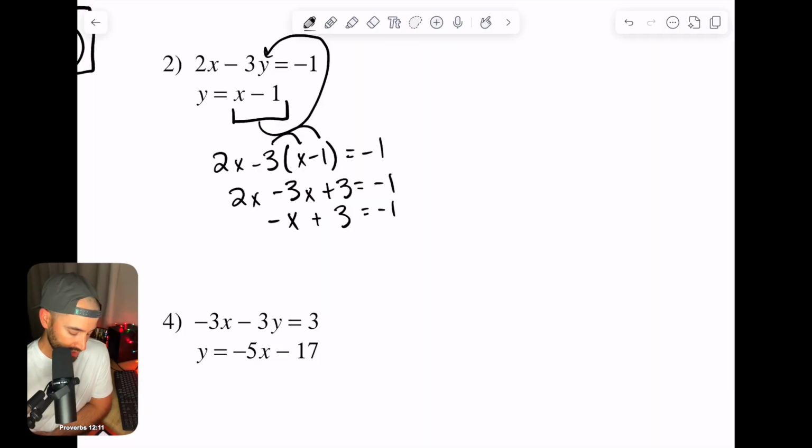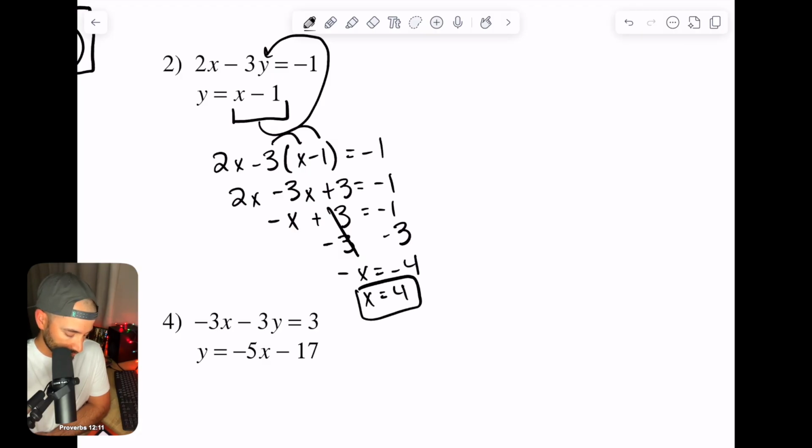And then we can subtract 3 from both sides to get rid of the constant right there. And that'll leave us with negative x is equal to negative 1 minus 3, which is negative 4. And so we have negative x is equal to negative 4. So positive x is equal to positive 4. Okay? So again, we solved the first variable.